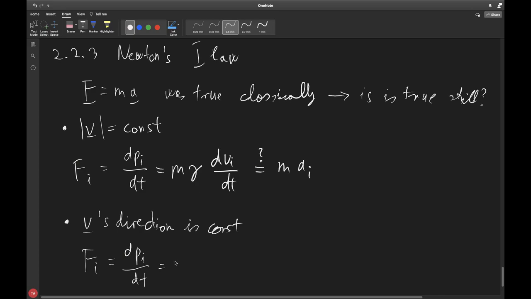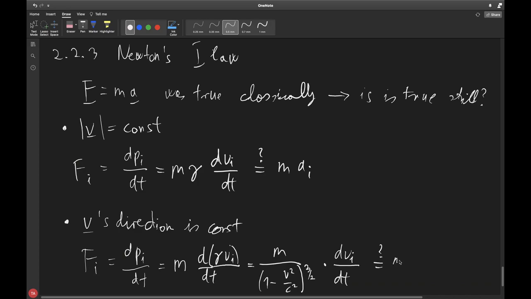It's not a constant anymore. So it's going to be the same as m times the derivative of gamma v. If we do the derivative, what we get is m divided by 1 minus v squared over c squared to the 3/2 power, times the derivative of the velocity by time.